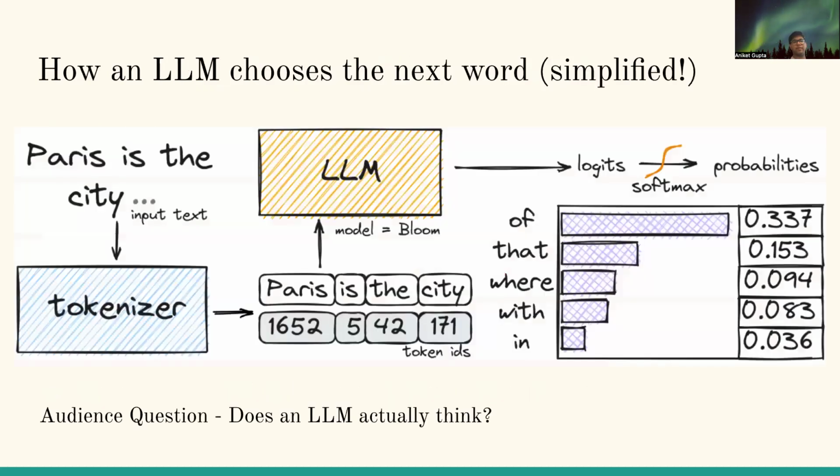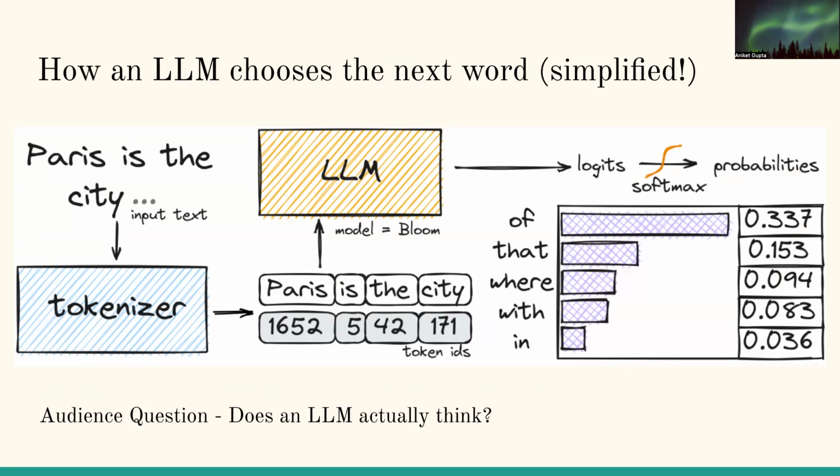So how does an LLM choose the next word? This is obviously highly simplified, but you have a string of input text, in this example, "Paris is the city." It runs through a tokenizer. Basically, each word is treated as a token, a single unit. A token is the smallest unit of operation for an LLM. Each token is assigned a token ID, which you can think of as a unique ID for that token, and it's fed into the large language model. That computes the probability of what the next word is going to be.